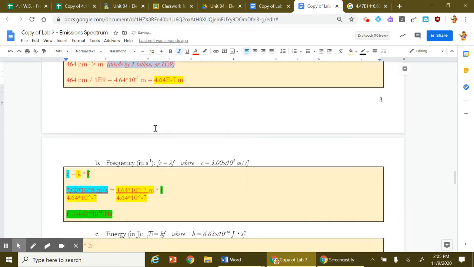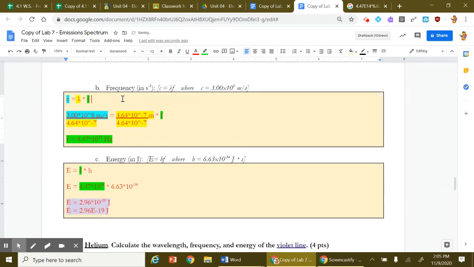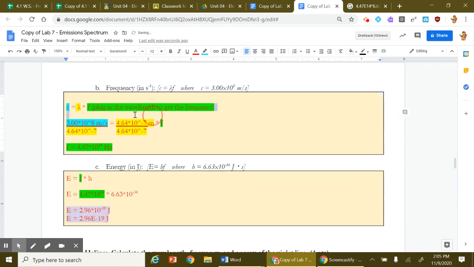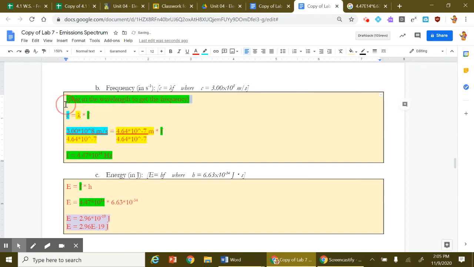Next, once you have your wavelength, you plug in the wavelength to get the frequency. Lastly, once you solve the frequency, you use the frequency to get the energy. So that's what you have to do. Just 3 steps each problem.